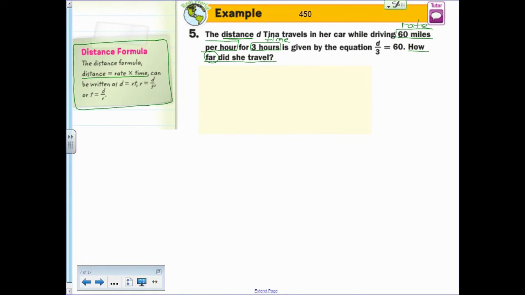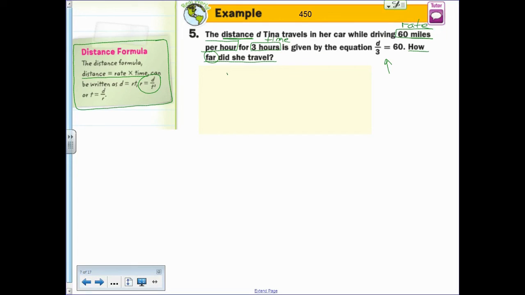Distance equals rate times time. That's the formula we're using here in this problem, except they don't have distance equals rate times time here. Instead, they have it backwards, they have distance divided by time equals rate.